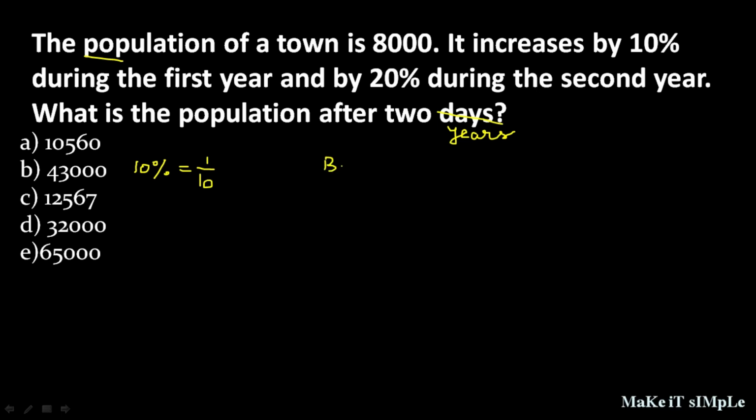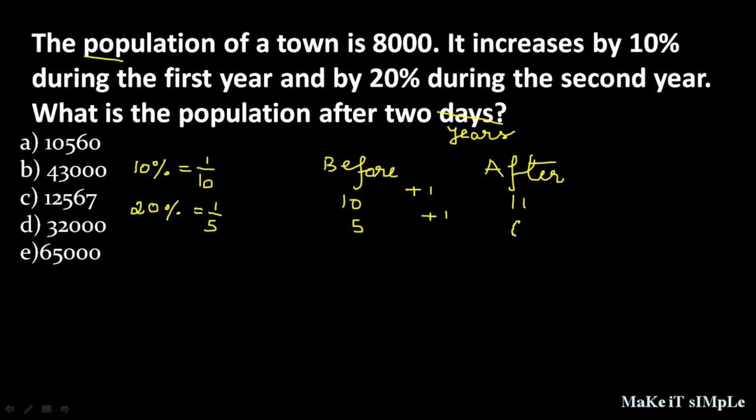So 10 is the original value, before it is 10, increases by 1 unit, so after it will be 11. In the second year, the change is 20%. 20% is 1 by 5, so initially it is 5, increases by 1 unit, so it is becoming 6. So here before it is 50, then after it is 66.